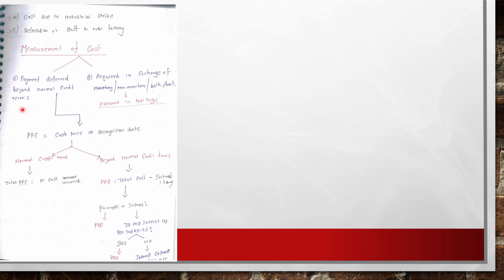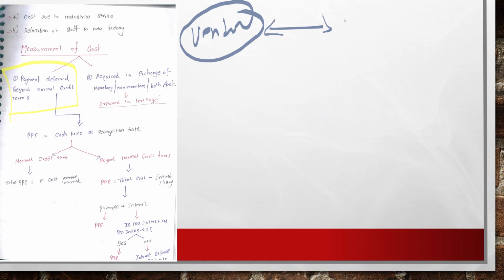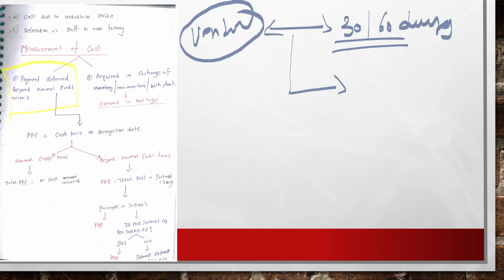First, we will discuss payment beyond the normal credit period. Suppose a vendor is able to give credit of 30 or 60 days based on the relationship with the entity. If that vendor gives you credit for 1 year, there would be something involved in this.